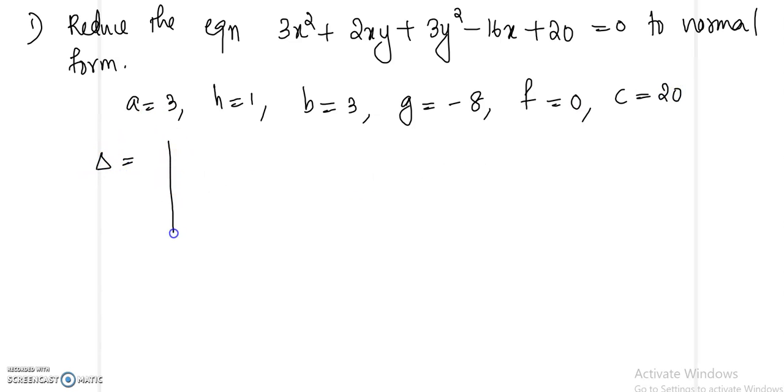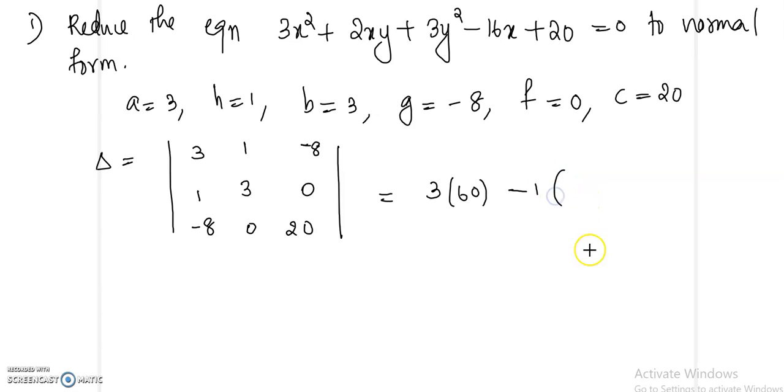So delta will be the determinant. The diagonal elements will be A, B, C, and here you will have H, and here you will have G, so -8, and here you will have F. So that will be equal to 3 into 60 minus 1 into 20 minus 8 into 24.